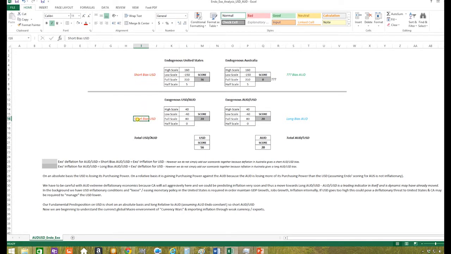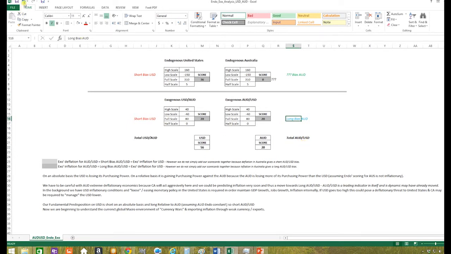Well, now this is actually adding to our short bias, which gives us more conviction. We're probably double the amount as convinced as before that we should be short the US dollar, and we should be short the US dollar against the Australian dollar.